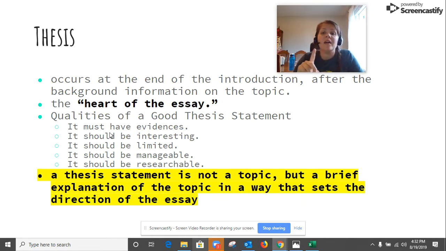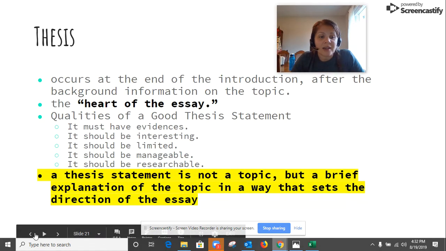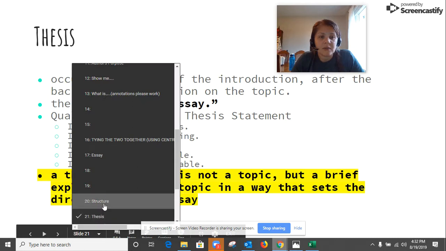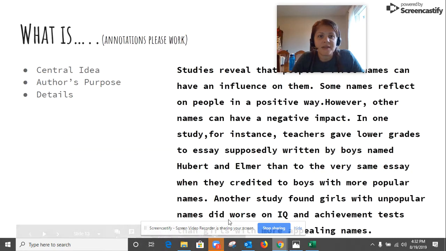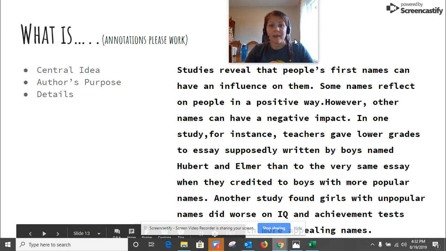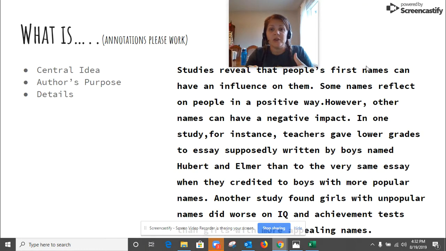Now, something that we went over in class is the thesis statement. Don't confuse it with a topic. If you look back at this paragraph and you read through it, you could summarize the topic in one word, and that one word is names.